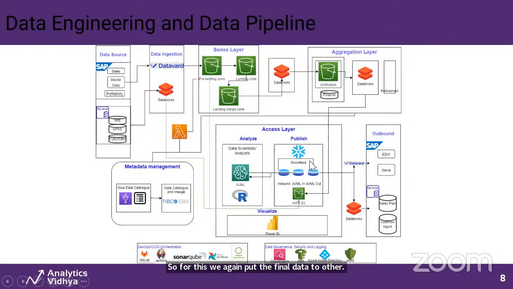Here, as our data is traveling from one layer to another, there are so many different checks, and so much data enrichment, filtering and refinement happening.